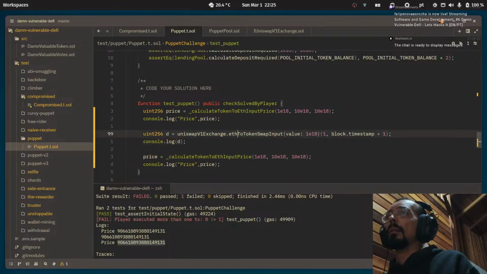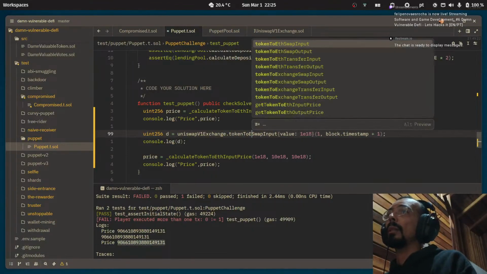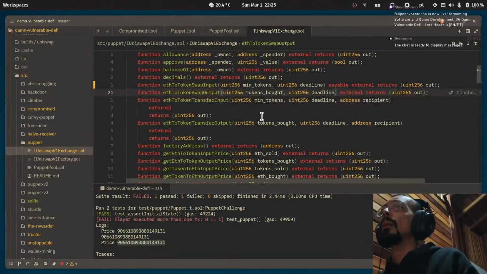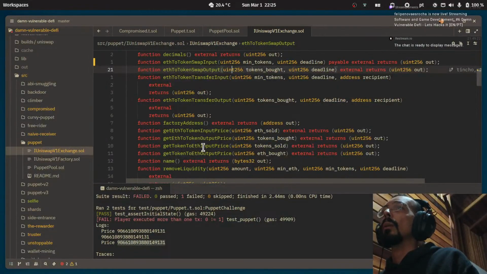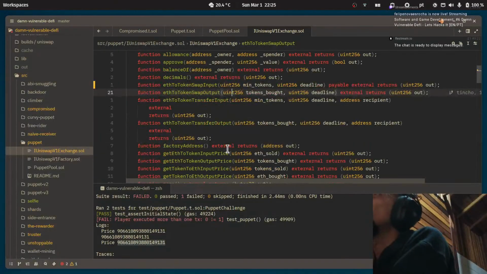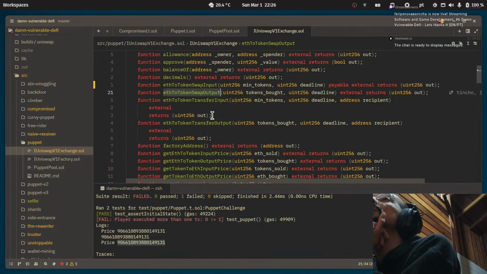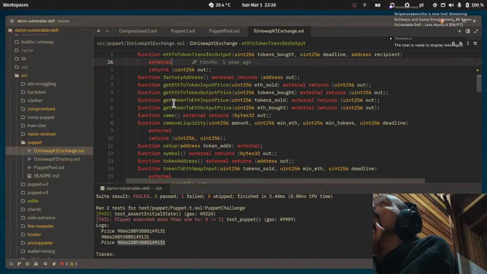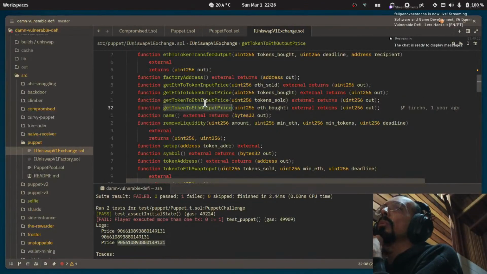So let's take otherwise now. I want token to Ethereum swap. And probably we need to put as payable. Or maybe we need to use output. Get token to Ethereum input price.